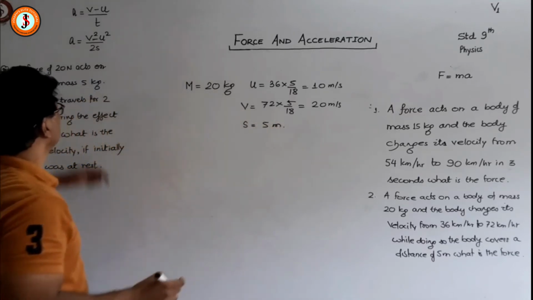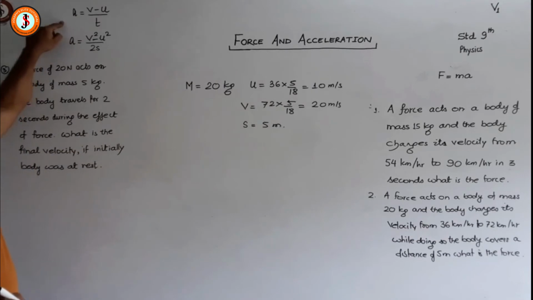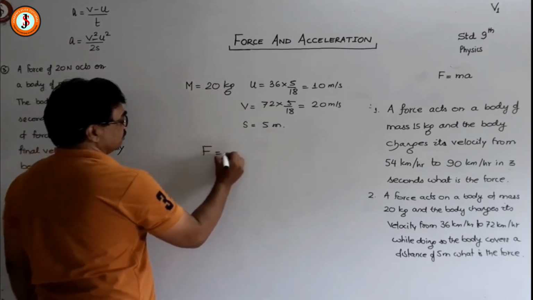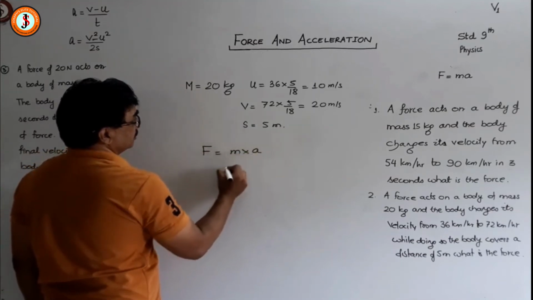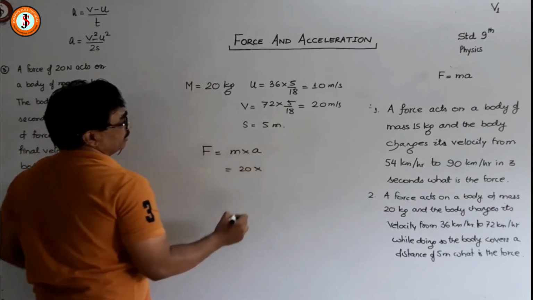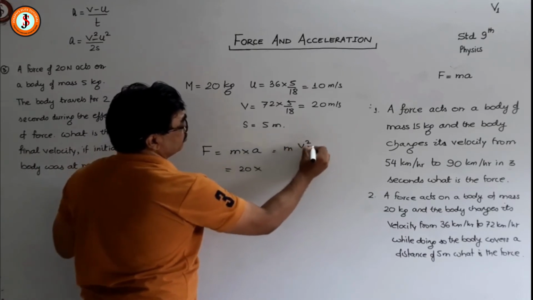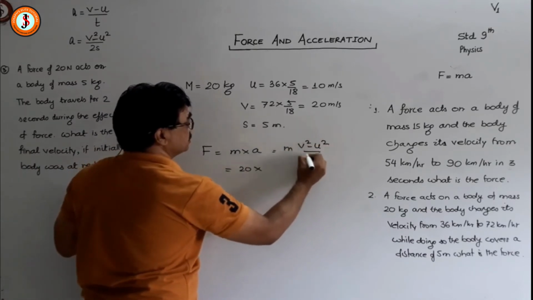So here we cannot use the first formula to take out acceleration, we have to use the second formula. So we will write down F is equal to m into a, so the mass is 20, acceleration is (v square minus u square) by 2s.